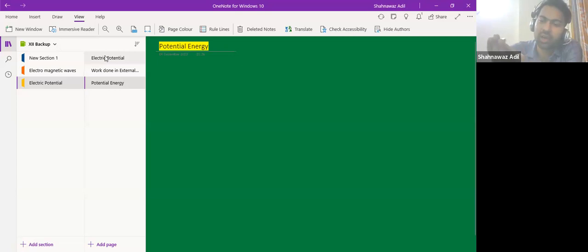We have learned how to calculate work done by external force, how to calculate electric potential, and how to calculate the potential difference. And we also got to know about the electric field as a gradient of potential. These four things we have done, right? If you have any doubt in these, please tell.